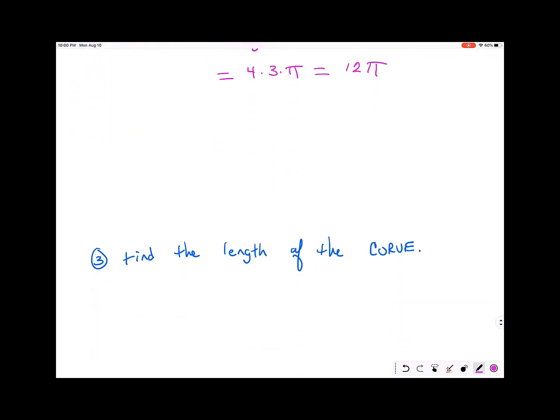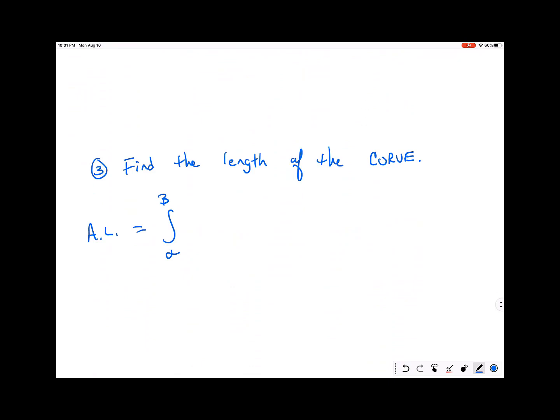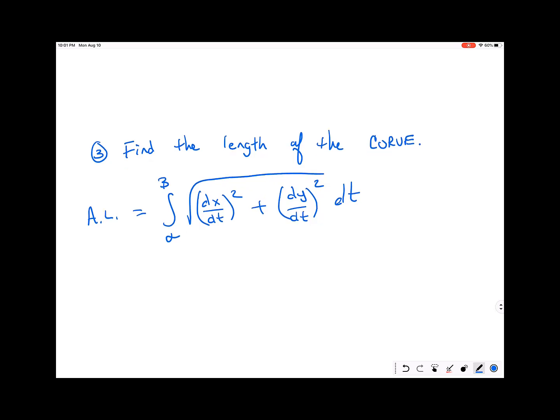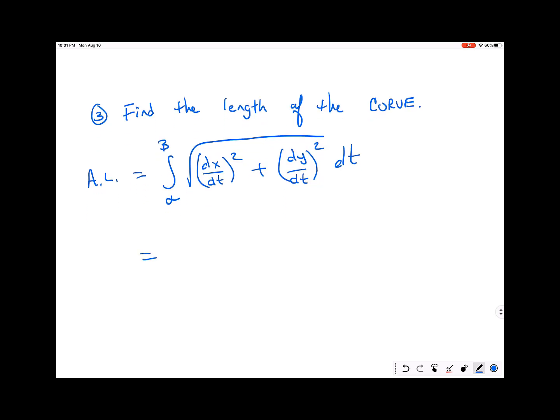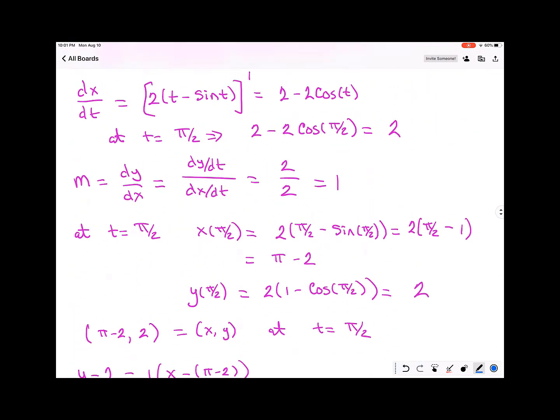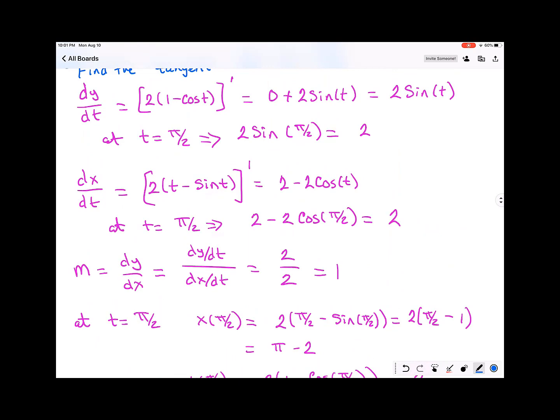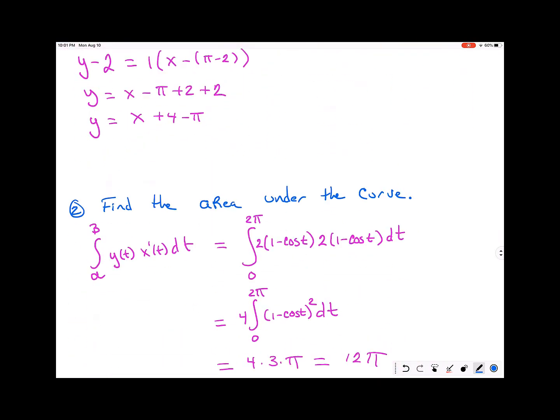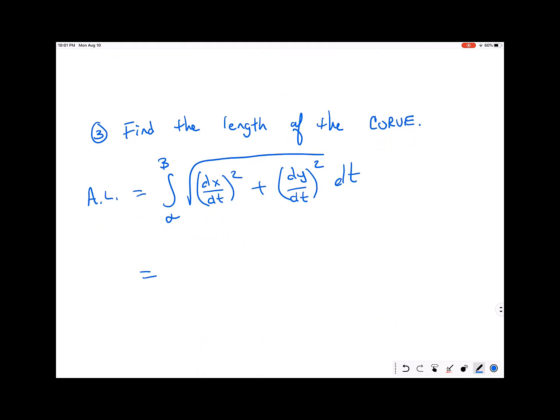Okay, and then finally is the arc length. The arc length is equal to the integral from alpha to beta of take the derivative of x with respect to t and square it, and then take the derivative of y with respect to t and square it, and then take the square root of the whole thing, and then dt. So in this particular case, I've already taken the derivative of x with respect to t, which remember up here was 2 minus 2 times cosine of t.